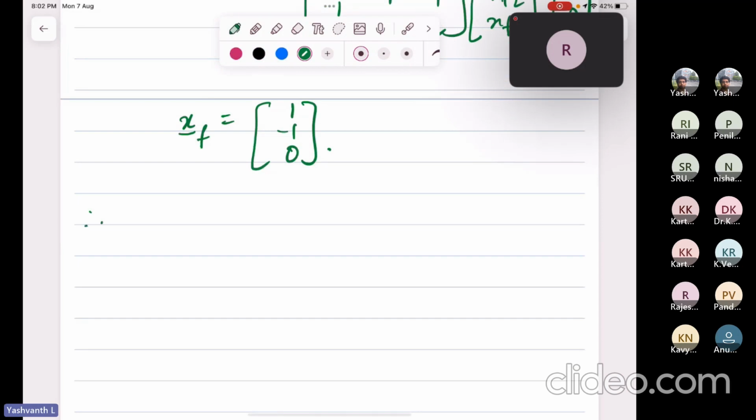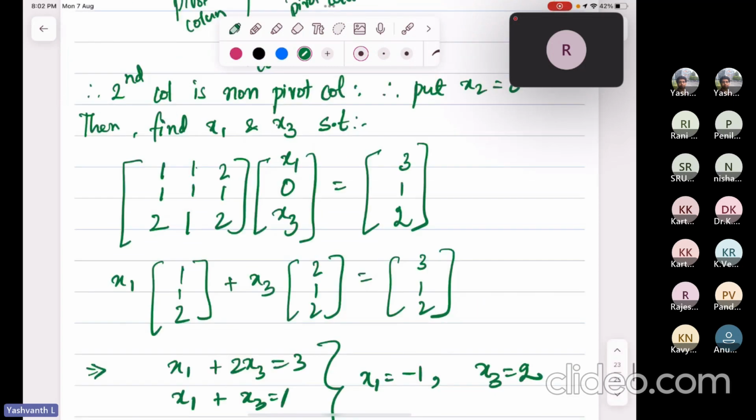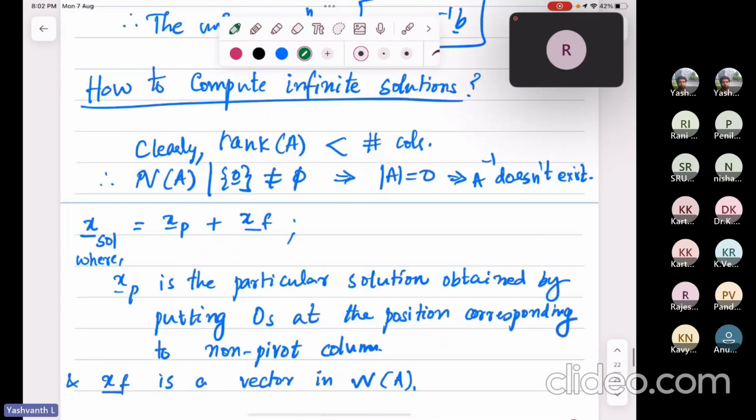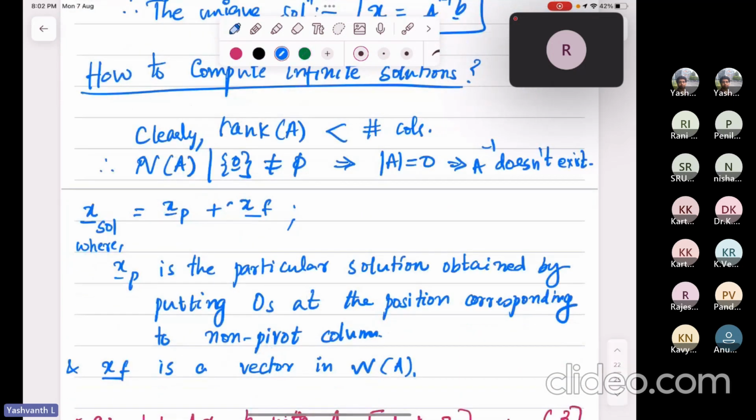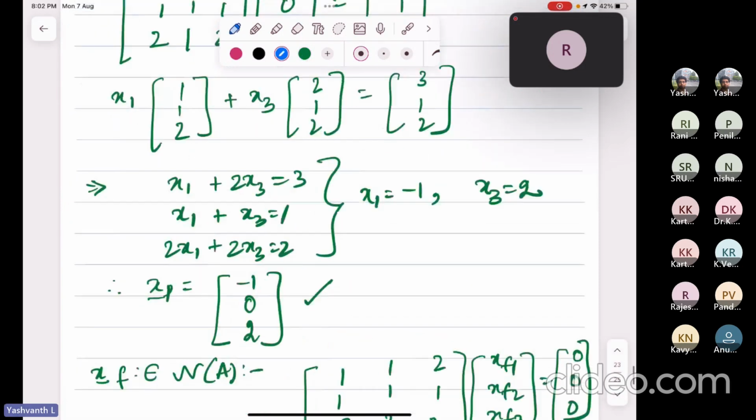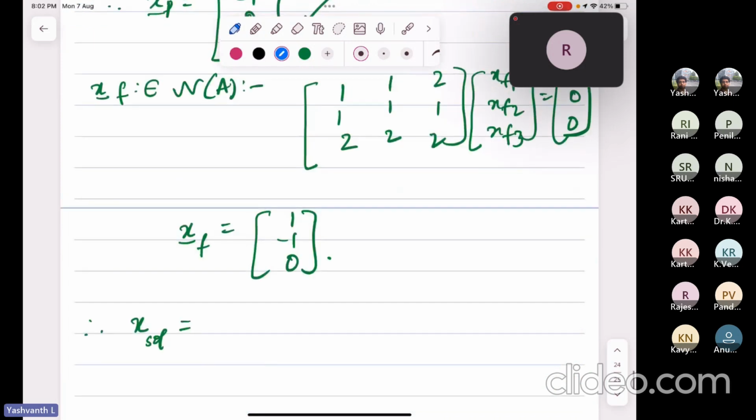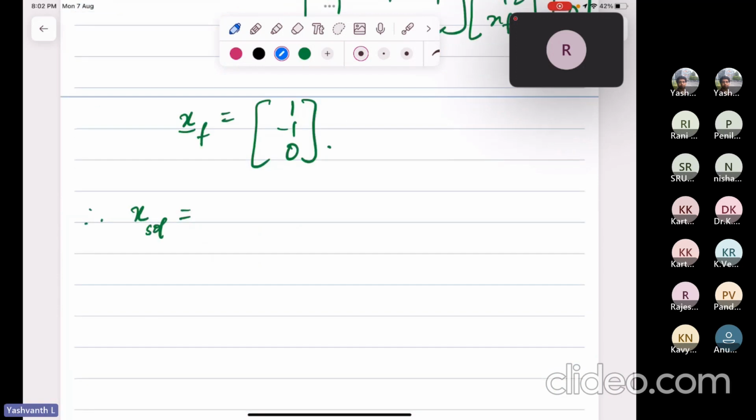Okay, therefore x solution is given by, okay, there's a small correction here. It's not just xf, it is any c times xf where c belongs to any complex number. That's because if xf belongs to null space, any scaled version will also belong to null space, because after all, they're all subspaces, right?